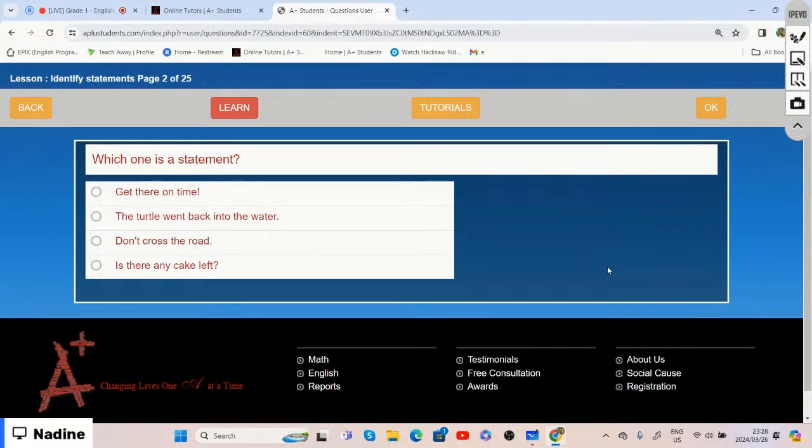So which one do you think is a statement? If it ends with a period, option two and option three end with a period. So is it option two, the turtle went back into the water? Or is it don't cross the road? Which one do you think is correct?